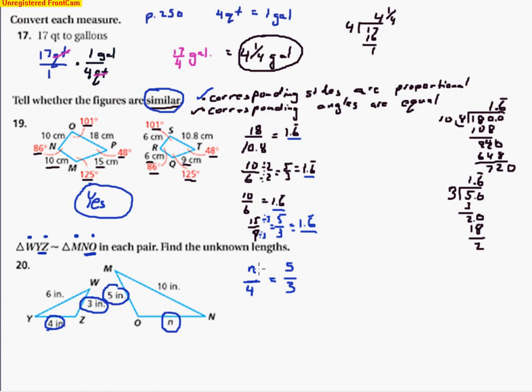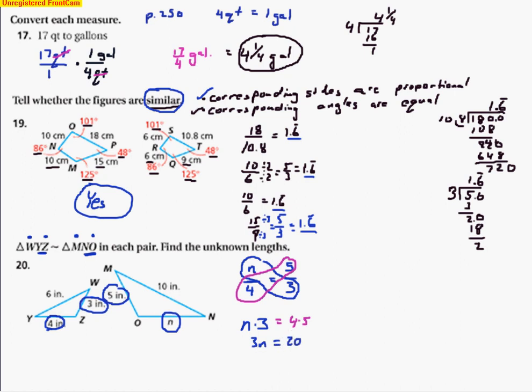Well, from this point, we use that cross-multiplying, cross products. So n times by 3, and then we do the next one, and that's going to be 5 times by 4. So we're going to set that equal to 5 and 4 being multiplied. And so we multiply this stuff out. We get 3n equals 20.